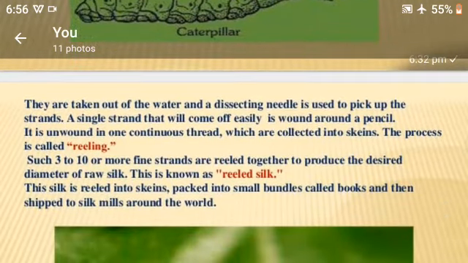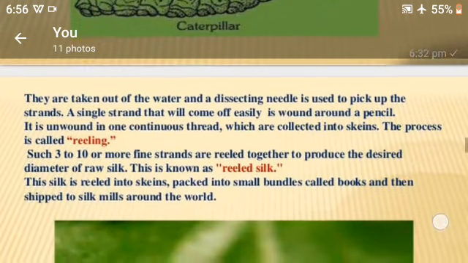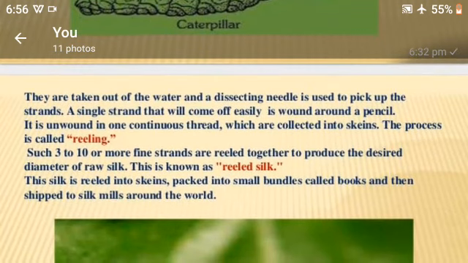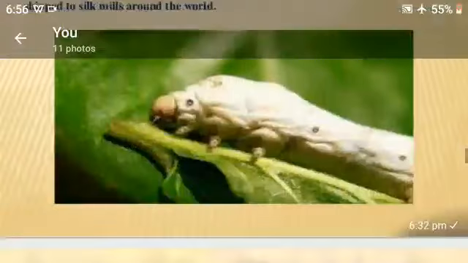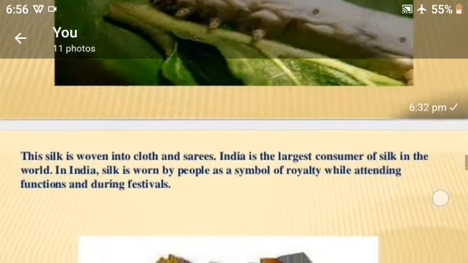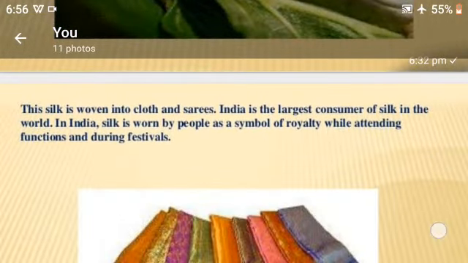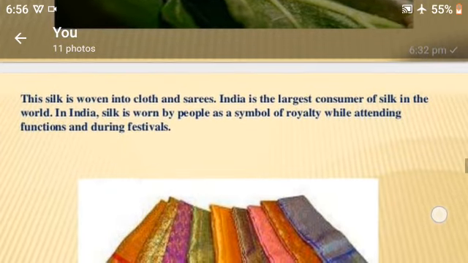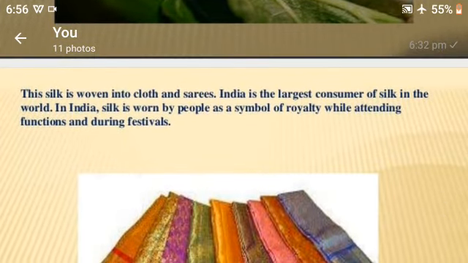This silk is reeled into skeins, packed into small bundles called books, and then shipped to silk mills around the world. This silk is woven into cloth and saris.